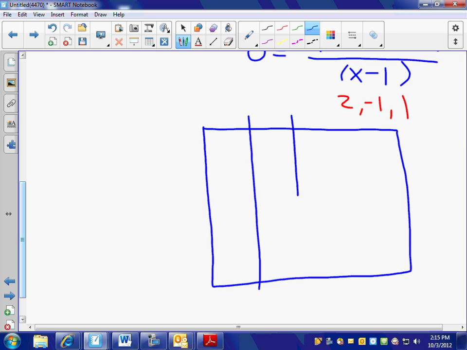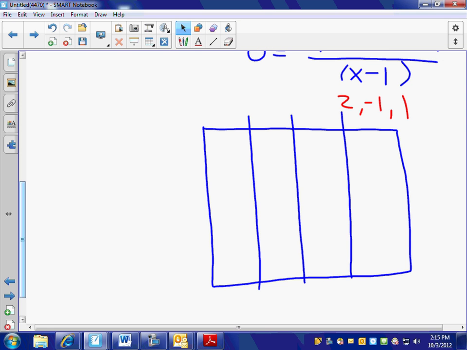I err on the side of too big. So, these are the spots where it divides. These are the spots where it might fall from positive to negative. So I have to put these numbers on top. Which number should I put first? Negative 1. Then 1. Then 2. We got that right there. Great.